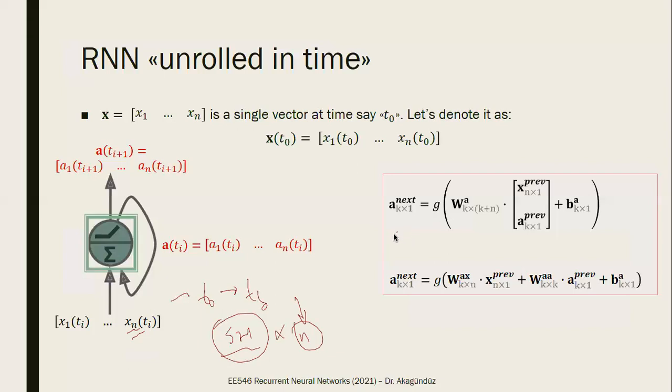If you remember these formulas, that's how we are going to feed the sequence. Now I stop and ask my question: any problems with feeding a sequence input of n-length vectors x to this recurrent neural network and getting hidden states? Any problem with this definition?